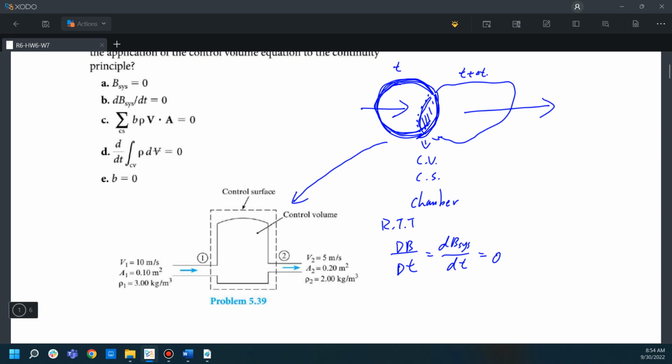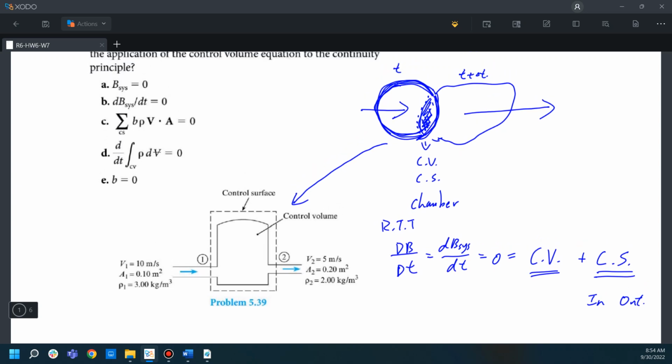But if you look at this middle part, when you derive the equation, which you can see in the textbook, we can separate this into the portion of control volume plus the control surface. And these parts describe the inflow and outflow relationship, and this describes the change within this control volume.